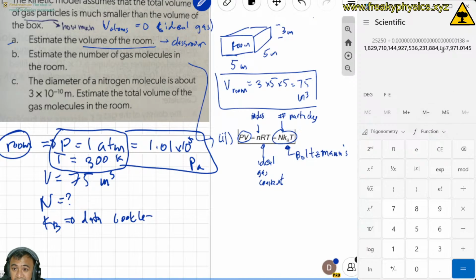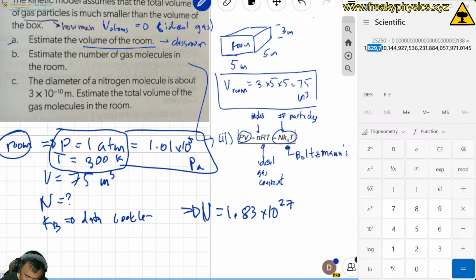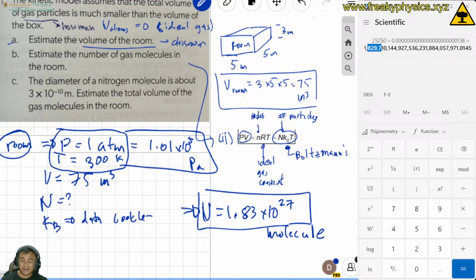Let's see. 1.83. This gives us N equals 1.83 times 10 to the 27 molecules. Now, just so we're clear, this is an expected number because you know that molecules are extremely tiny, right? So this should be an expected value. Okay, now let's go to C.